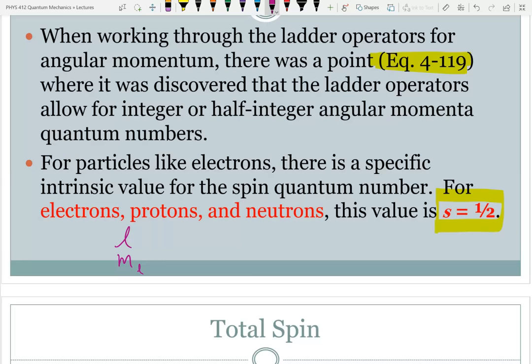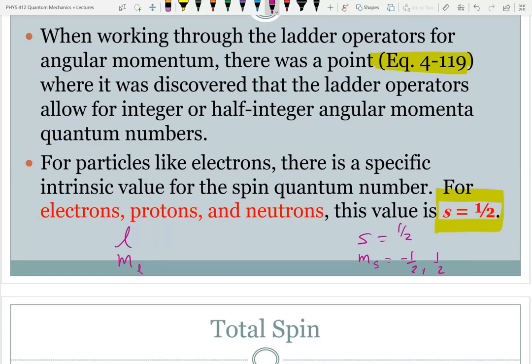And the M sub L's, which only exhibited if we were in a magnetic field, went from minus L to plus L. For spin, we have S, which is always equal to 1/2. And then we have M sub S, which goes from plus S to minus S, which is only going from minus 1/2 to 1/2. There's only two options there, but it's following the same rules.